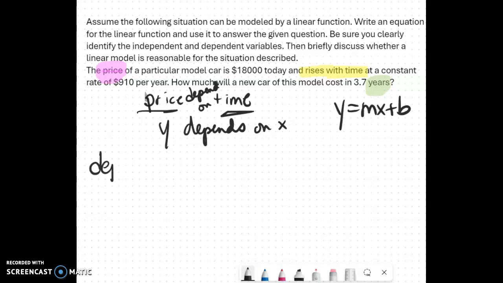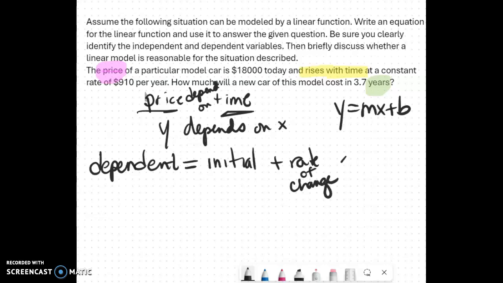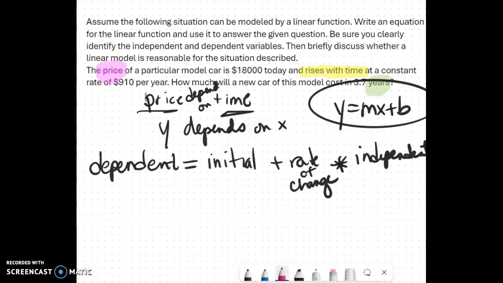Or we have it written in a phrase that looks like this: dependent is equal to the initial amount plus the rate of change, or slope, times the independent. This is the same thing as that, but written in words. And yes, I did write it backwards. Really, the matching phrase would be b, the initial amount, plus the rate of change times x.